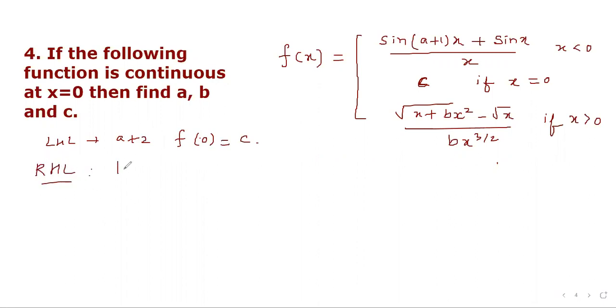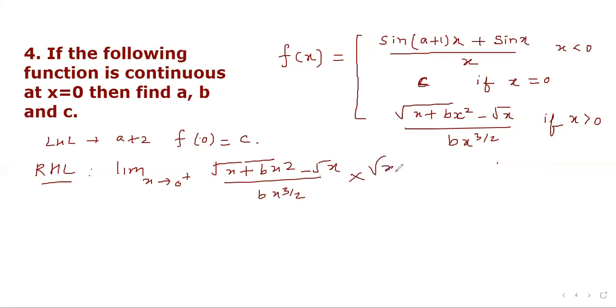For RHL, we write limit x tends to 0 plus, and we write the function square root of (x plus bx square) minus root x, divided by b x power 3 by 2. We rationalize the numerator, so we multiply by root of (x plus bx square) plus root x, divided by root of (x plus bx square) plus root x.